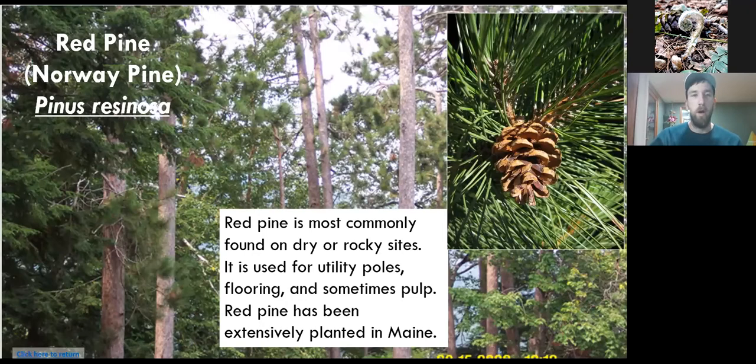A lot of the time when you see red pine driving down the road, it was planted in plantations, and you notice trees growing in rows. Typically, native red pine growing naturally in a stand is very widely dispersed.